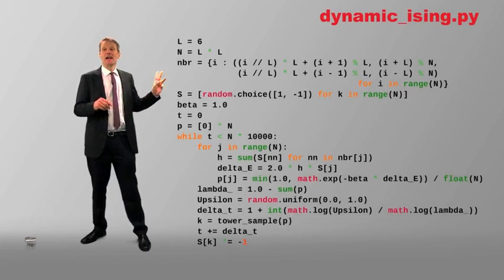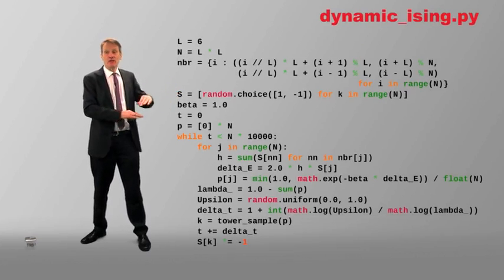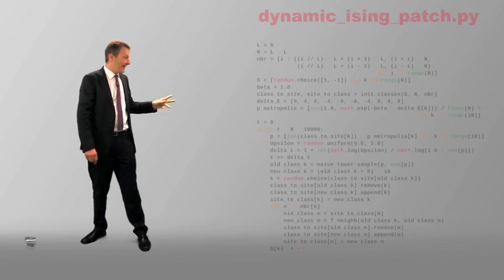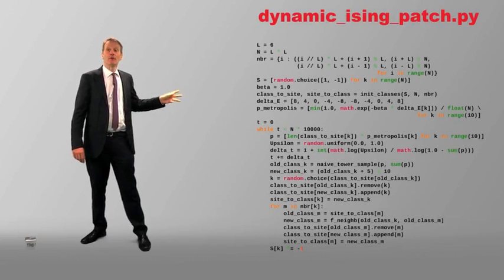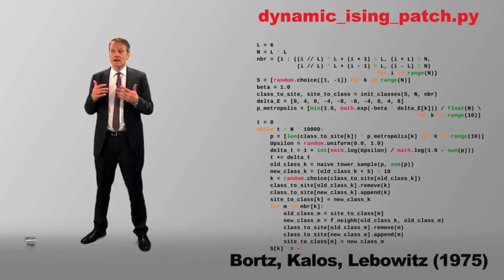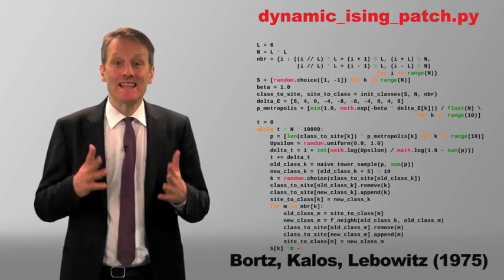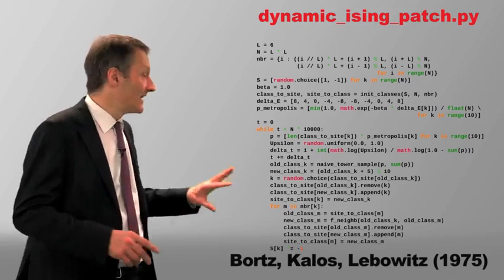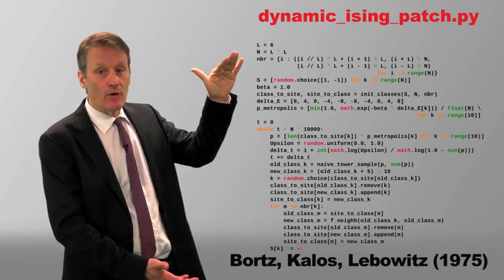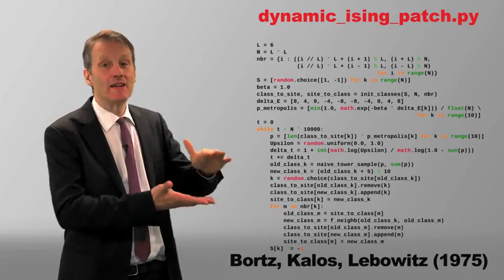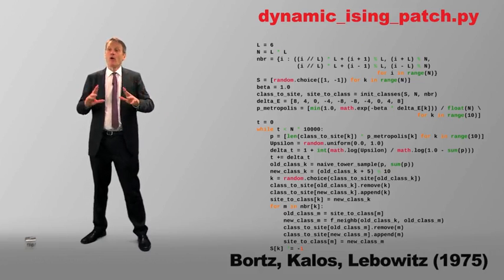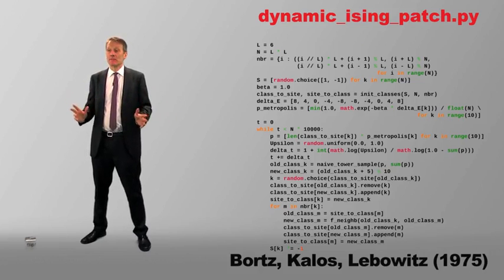For once, there was dynamicEasing.py that worked with a tower of n probabilities, and the nice n-fold way algorithm first implemented by Kalos, Bortz and Lebowitz in 1975 that goes from the tower of n probabilities to a tower of 10 probabilities. So the complexity of this algorithm is O of 1 per accepted spin flip.